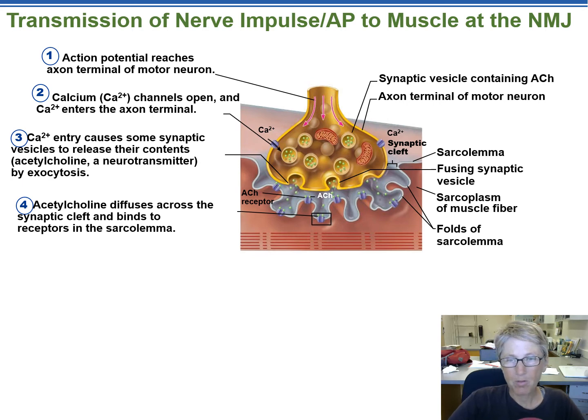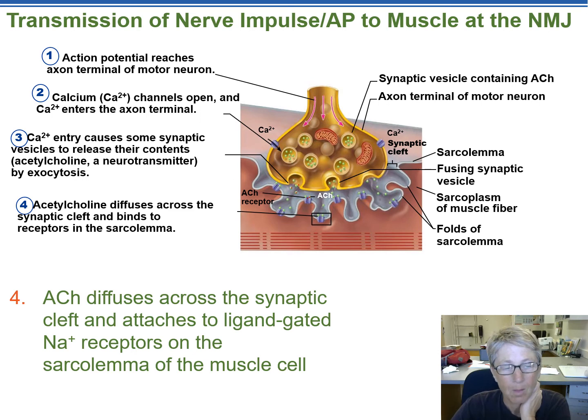Then what happens is acetylcholine, these little green dots, is now in the synaptic cleft, and acetylcholine will diffuse across the cleft and bind to these acetylcholine binding sites on these purple channels. And these purple channels are called ligand-gated sodium receptors.